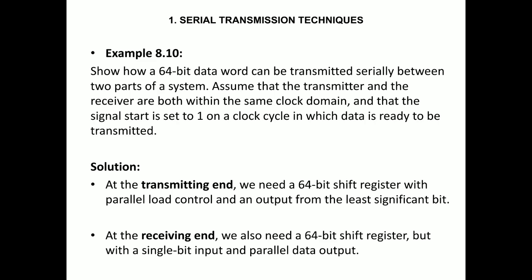Assume there are a transmitter and a receiver, both operating at the same clock, and the signal transmission starts when there is a start signal. When it is set to 1, the transmission should occur, and the data is ready to be transmitted.